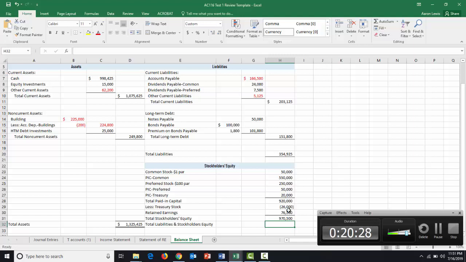So to find our total liabilities plus stockholders' equity, we just hit equal total liabilities plus stockholders' equity, giving us a total balance of $1,325,425. And as you can see here, thank the heavens, our balance sheet actually balances, and we're through.